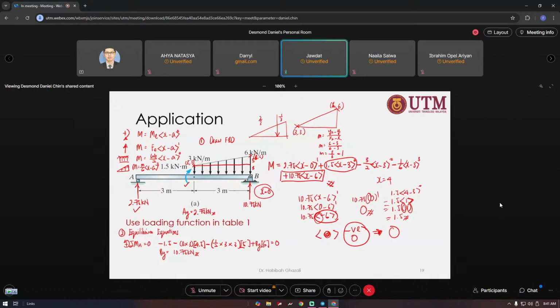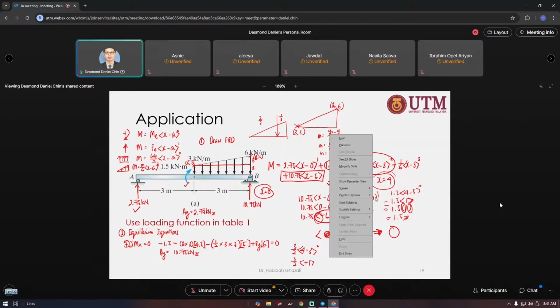Yes, the power outside the bracket. For example, for 1/6 x minus 3 cubed, you apply the cube normally. For example, let's say if we pick this, 3 over 2, right? Let's say I remain x equals 4. So 4 minus 3, squared, isn't it? So 3 over 2 inside the Macaulay's bracket, this will become, sorry, positive 1, right?